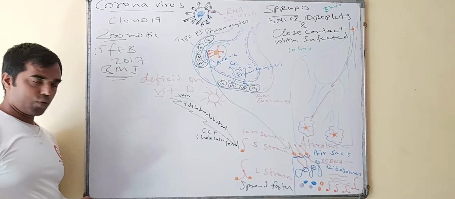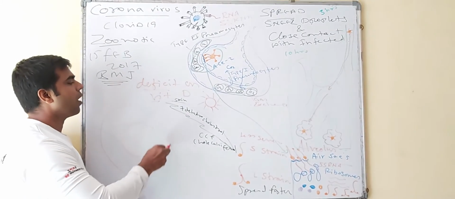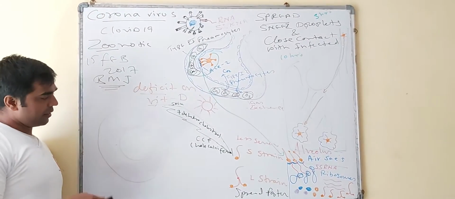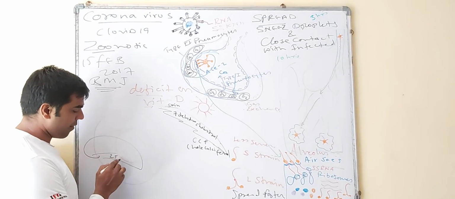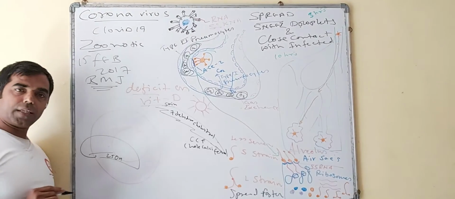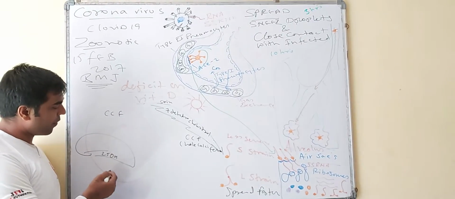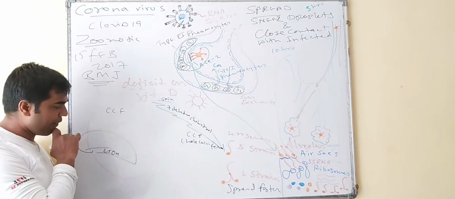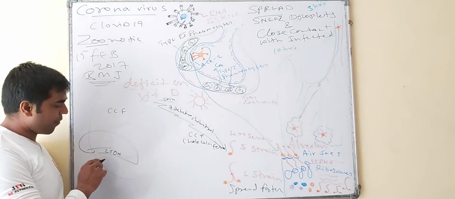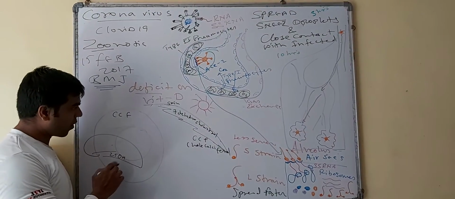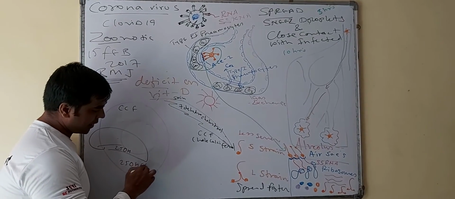So it has to go to the liver. So it comes into circulation. Right? That is the liver. At carbon number 25, hydroxylation should take place. When CCF enters the liver, at carbon number 25 there is an enzyme, 25-hydroxylase, and it becomes 25 hydroxy CCF.